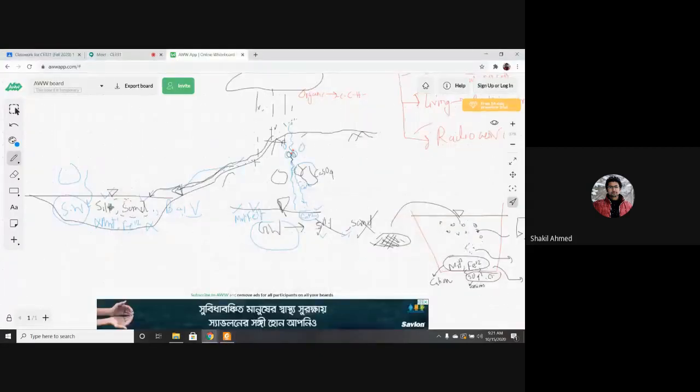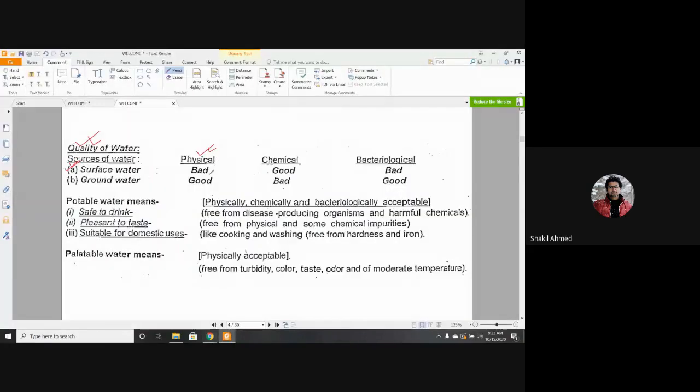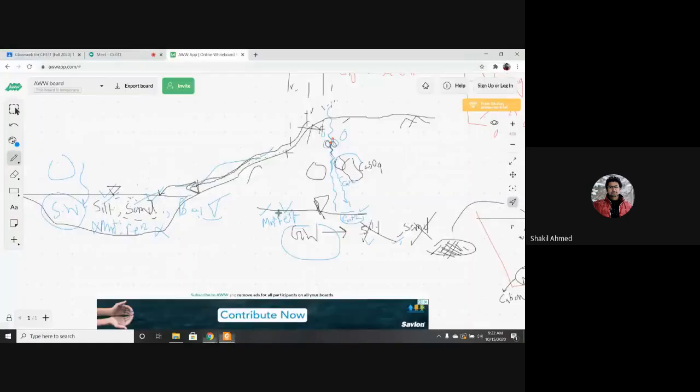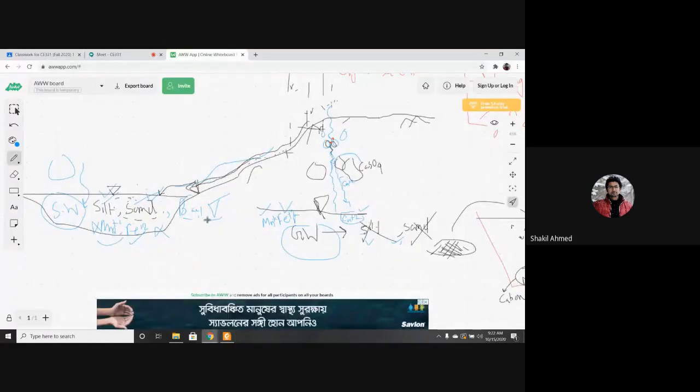Because in surface water you will have silt, sand, bacteria, virus. So physical quality is bad, but it does not have iron, manganese, so chemical quality is good, right? In surface water, can you have bacteria, virus? Yes, it's highly likely.